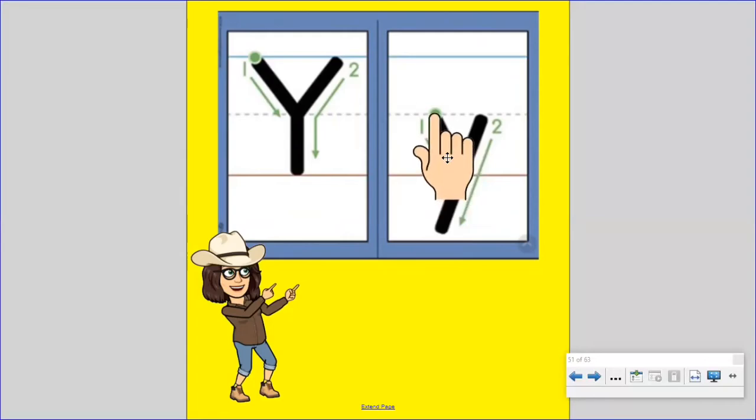Start at the middle line. Down and down. That's the lowercase y. What sound does the letter Y make? The letter Y makes the y sound, like in the beginning of the word yak.